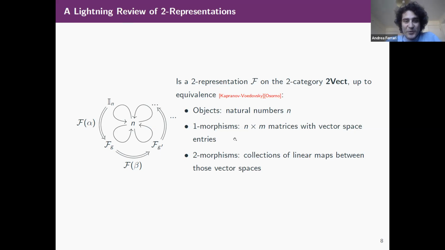We can compose these morphisms by replacing the sum and product with direct sum and tensor product of vector spaces. And two morphisms will be collections of linear maps between those vector spaces. So in some sense, we are categorifying the notion of a vector space by, instead of thinking of collections of numbers with sum and product, thinking of collections of vector spaces with direct sums and tensor products. And this will be the framework in which we will build our two representations of our group.